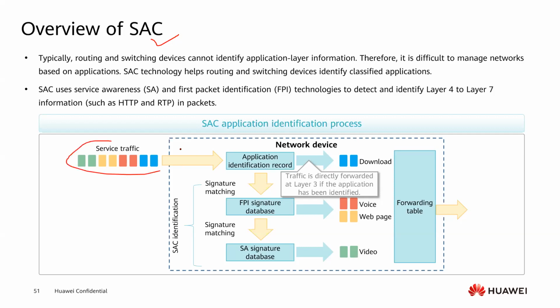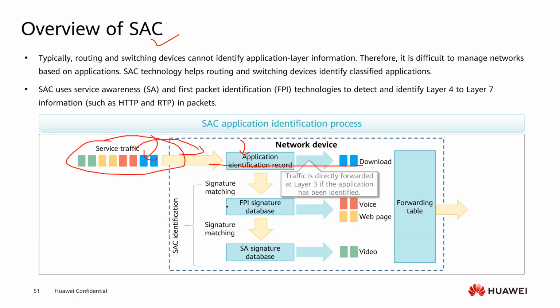First, when different types of traffic enter the network, the network devices check the application identification record, which means whether this traffic has been identified before or not. If it has been identified, a record exists, and I will follow the old record to classify the traffic.